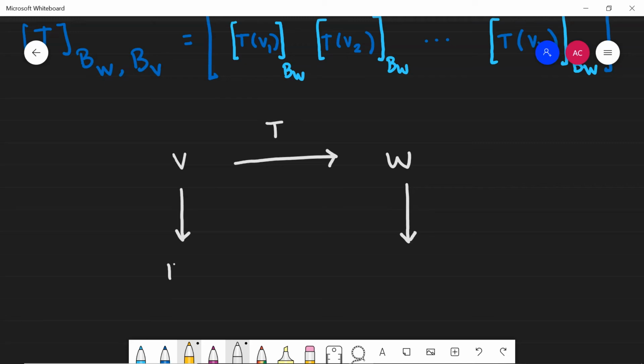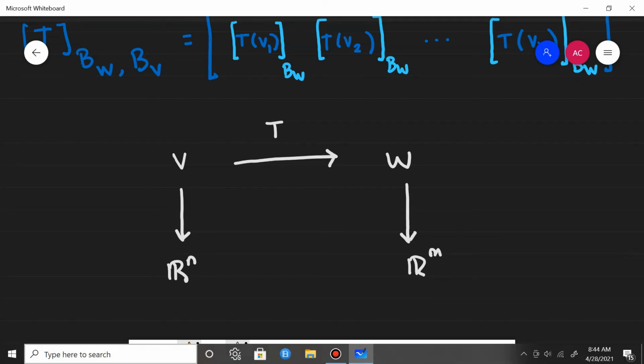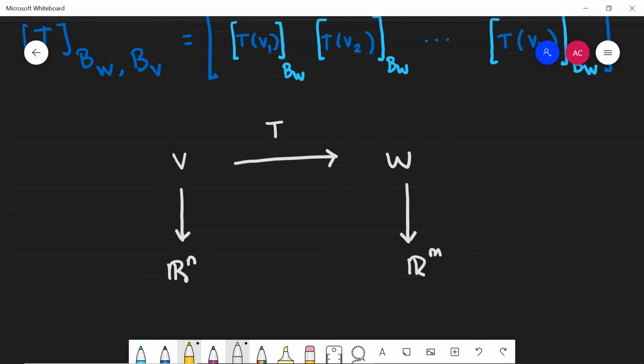These are isomorphisms to Rn, and we'll say Rm, for example. Rn to Rm. So here I'm assuming W is m-dimensional. These mappings are coordinate mappings, where I just take a vector and look at its coordinate vector with respect to whatever basis I chose.